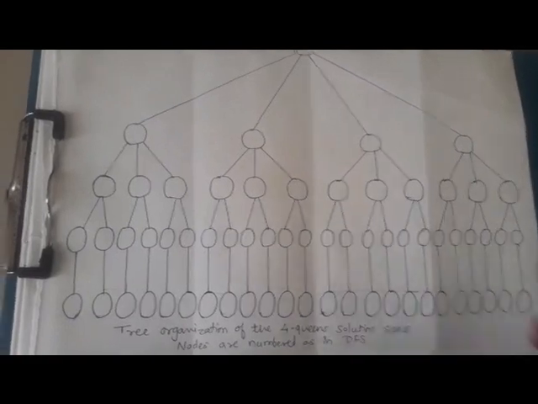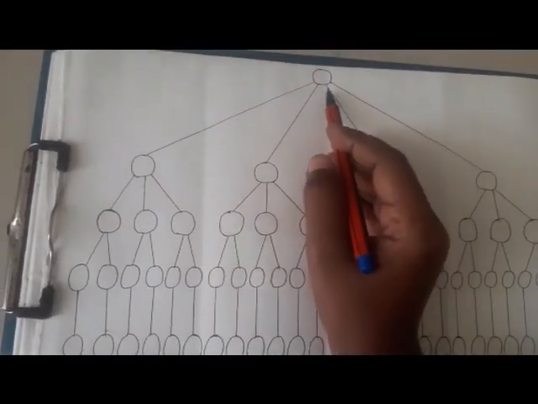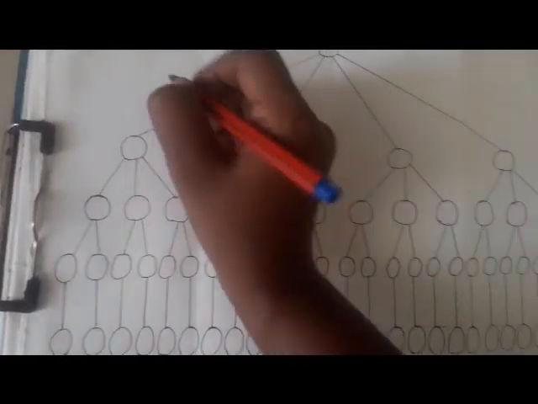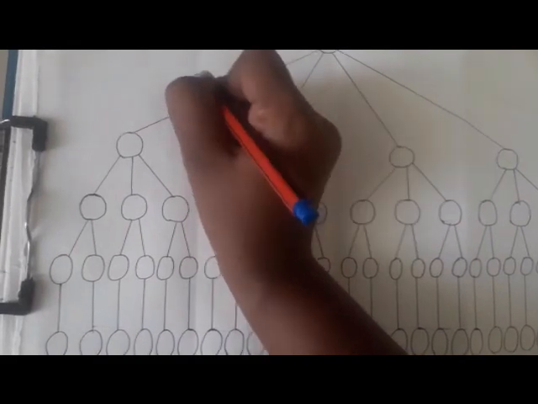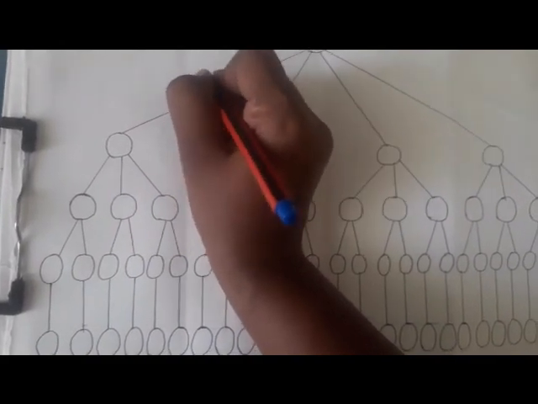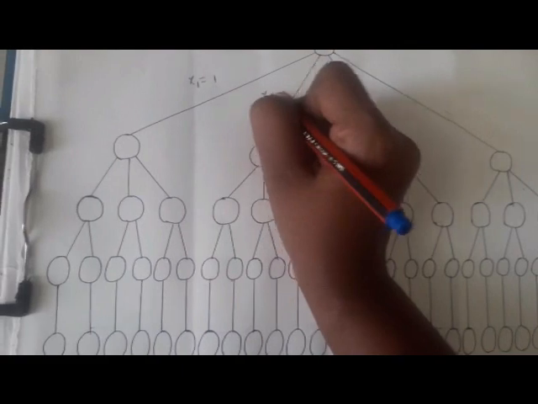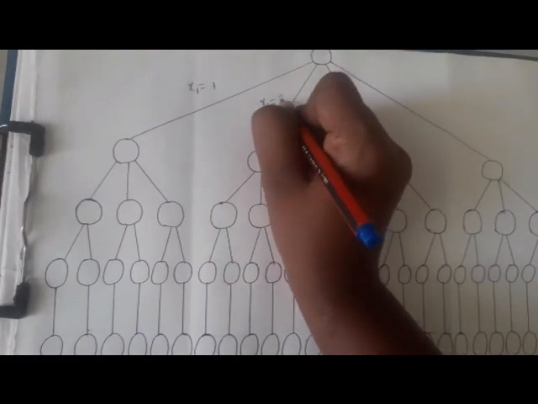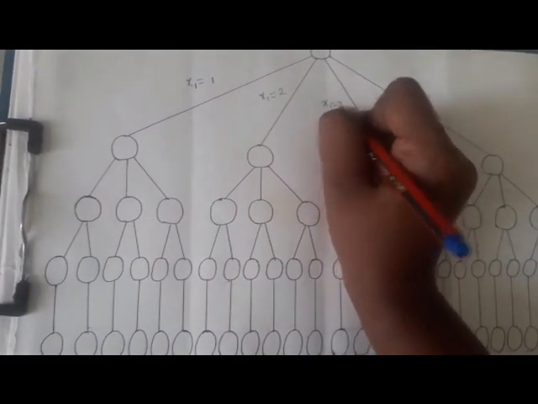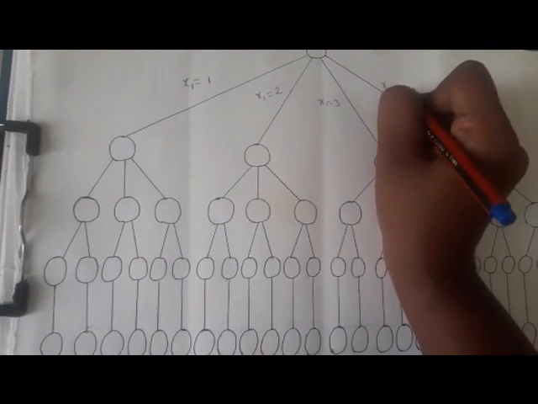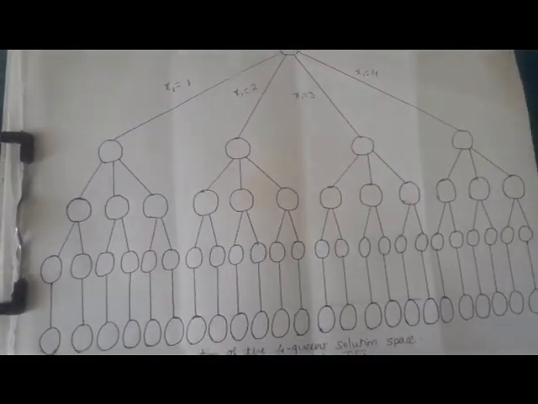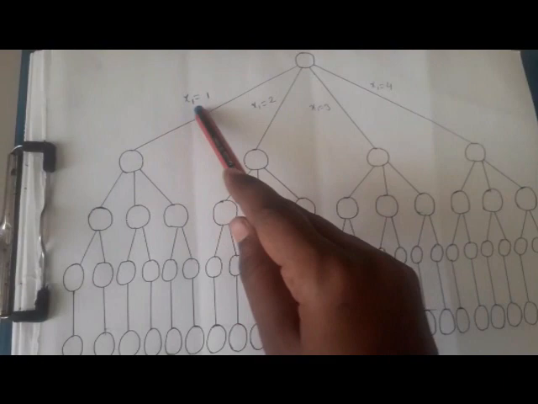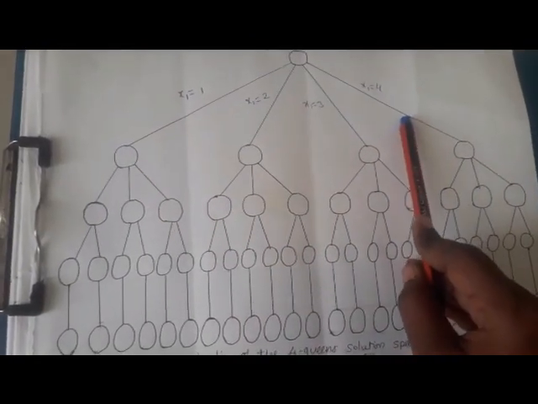The first edge from the root node to its child shows the value for x1. So here the value for x1 is 1. This is also for x1 is equal to 2, x1 is equal to 3, and this is for x1 is equal to 4.